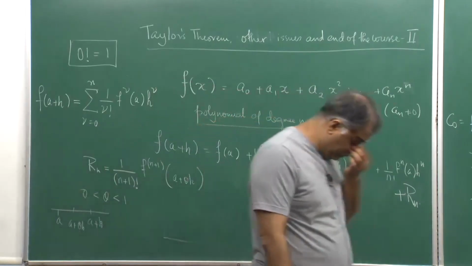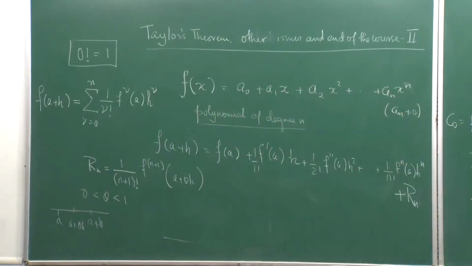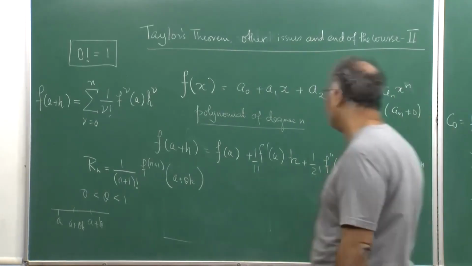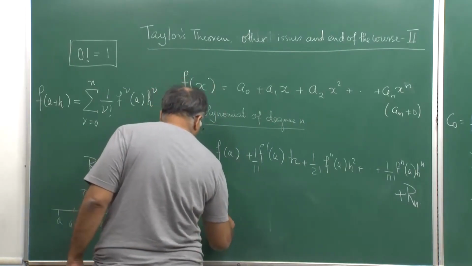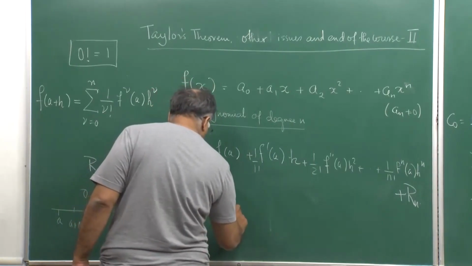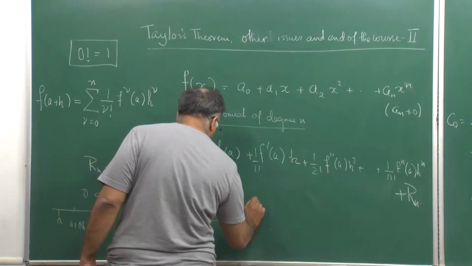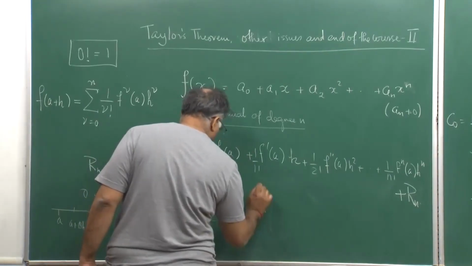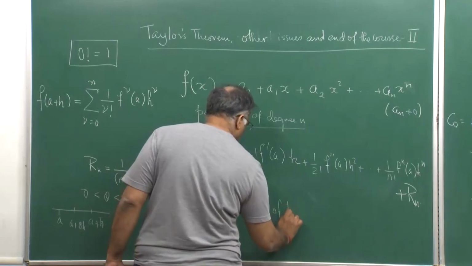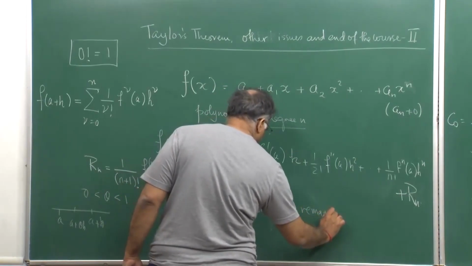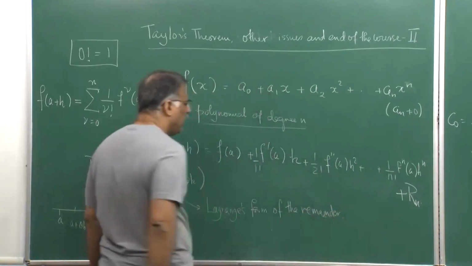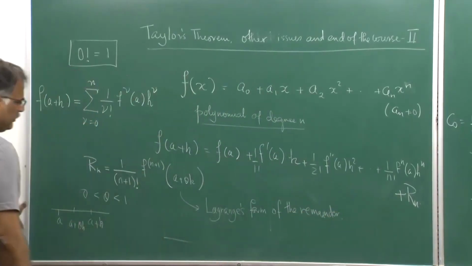What is the intuition behind such a writing of the remainder term? This is called the Lagrange's form of the remainder. You can see derivations from the books and many other places, but I just want to give you the key idea.